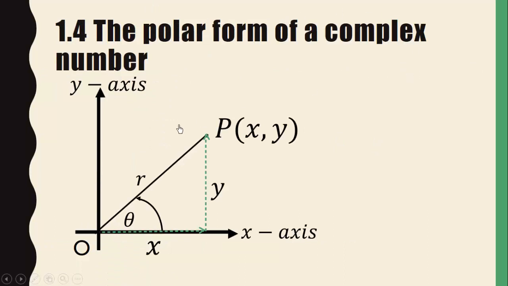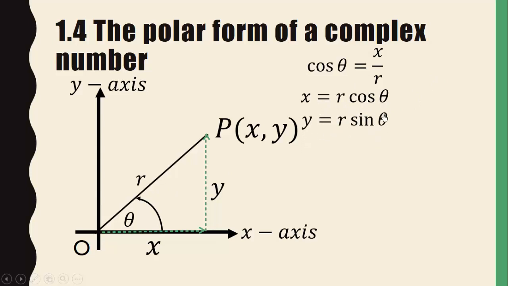Now the polar form of a complex number, polar coordinates, is just a matter of representing something in the form of a modulus and an angle theta, or magnitude and an angle. So we have a complex number over here. That's the Argand diagram. Now from trigonometry, we know that cos theta will be adjacent over hypotenuse. We simplify to get x equal to r cos theta. Now similarly, we can find y to be equal to r sin theta.